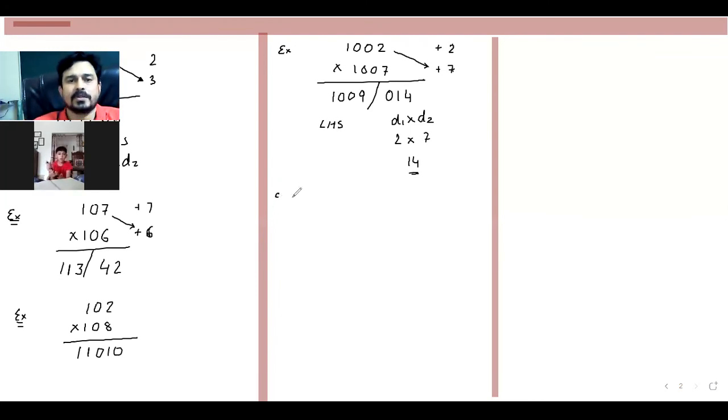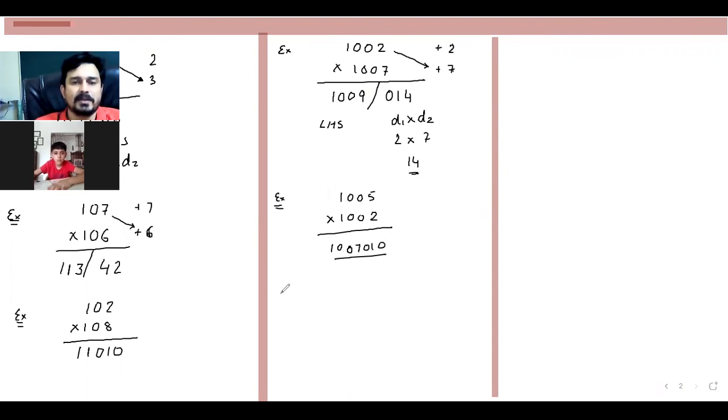Next question, here also you have to apply the rule. 1005 times 1002. 1007010 is the right answer.